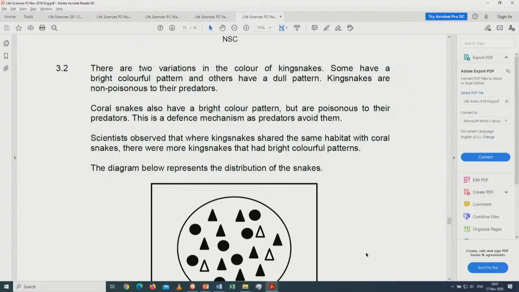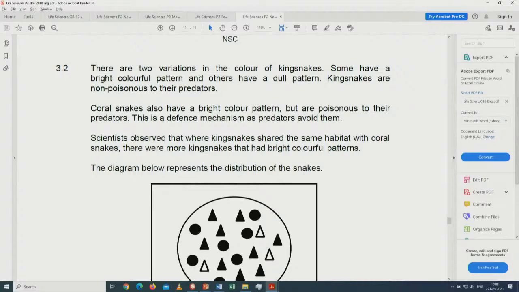Now, if you look at this example here, there are two variations already. There's variation, and natural selection speaks of variation. There are two variations in the color of king snakes. Some have a bright, colorful pattern, and the others have a dull pattern.